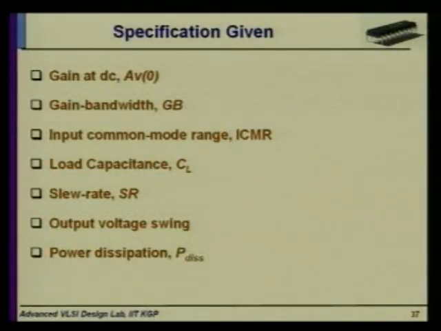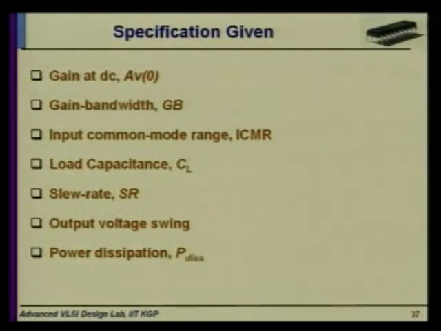Now this is the specification which you will be given. So DC gain, open loop gain will be given to you, gain bandwidth, input common mode range, that is ICMR, load capacitance CL, slew rate SR, output voltage swing, and power dissipation.